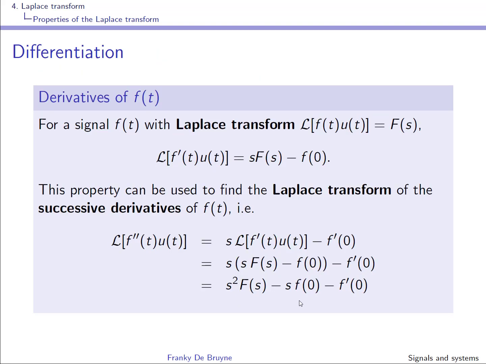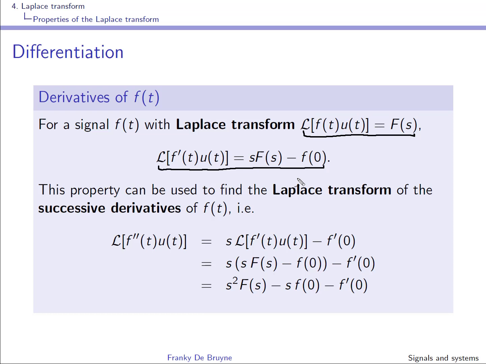So we have just shown that if you know the Laplace transform of a function f of t, and that it is F of s, you can easily obtain the Laplace transform of the derivative, and it's obtained by this equation, and it involves the initial condition f of 0.